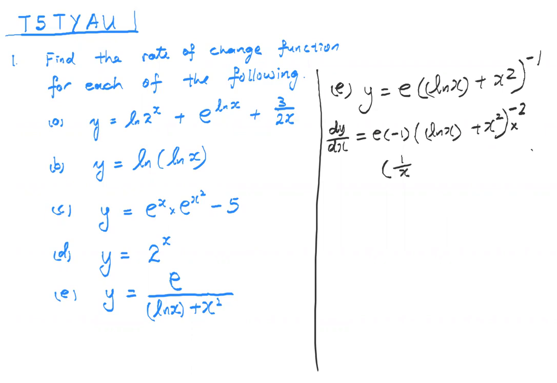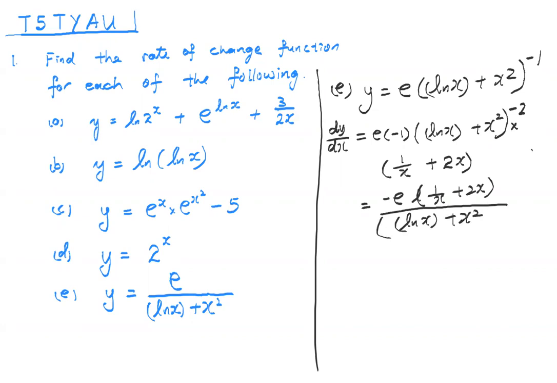Yeah. What is the rate of change of x squared? That's it. Done. So you can rewrite your answer as negative e times 1 over x plus 2x, the whole thing divided by ln x plus x squared, the whole thing squared.